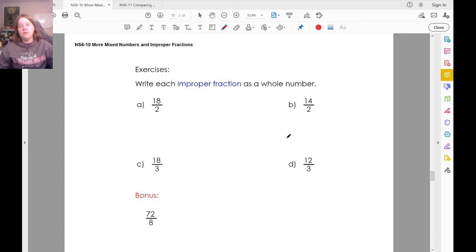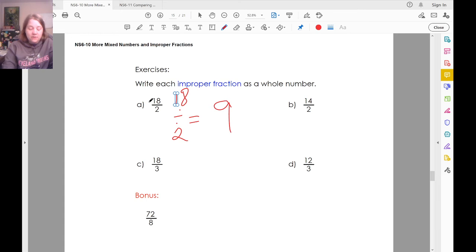Welcome back. 18 over 2 is the same thing as 18 divided by 2, and 18 divided by 2 is 9, so there are 9 wholes in letter A. Letter B says 14 over 2, or 14 divided by 2. That answer is 7.